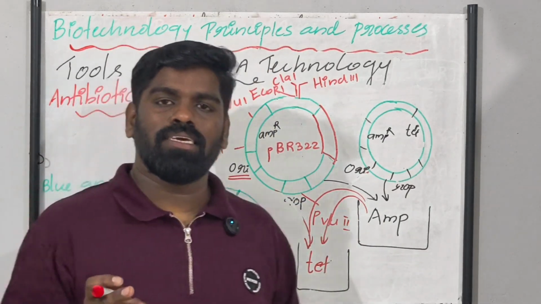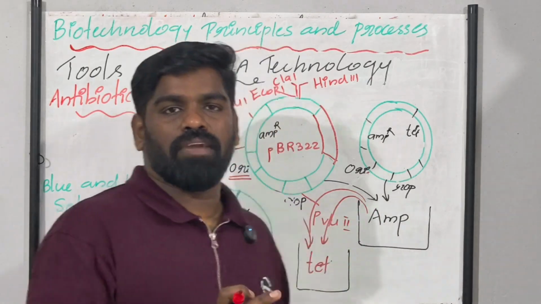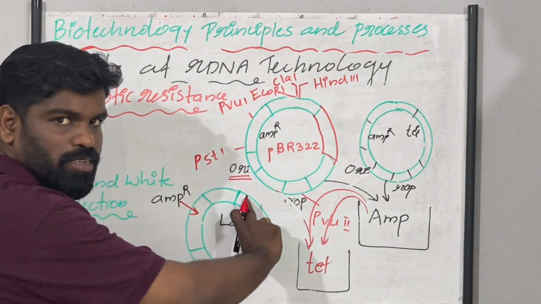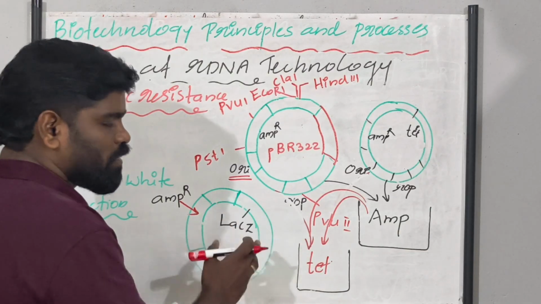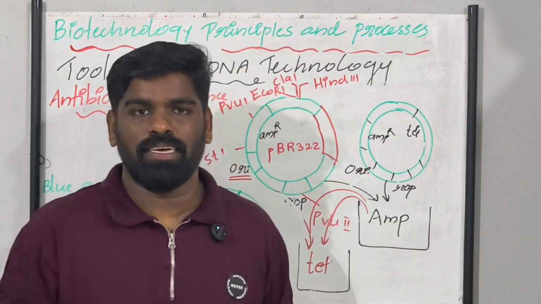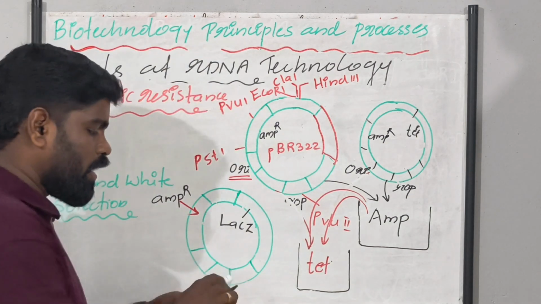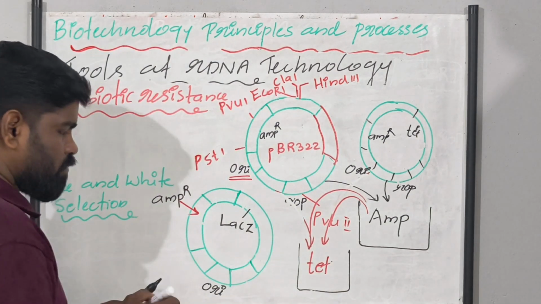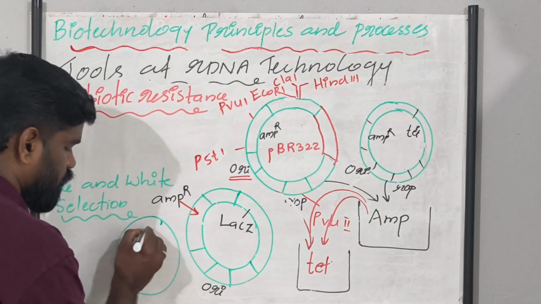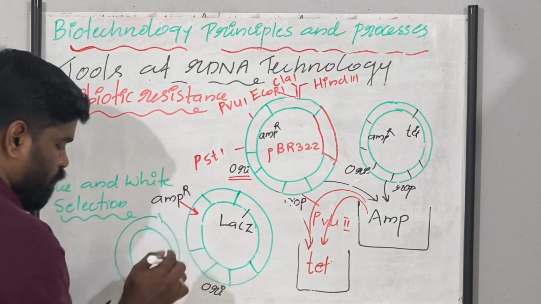Now just imagine a small piece of DNA we are incorporating into the LacZ gene. So what will happen? When we ligate a small piece of DNA in the LacZ gene, we can create a recombinant. Just imagine that this is non-recombinant, and in the same way this is the recombinant.